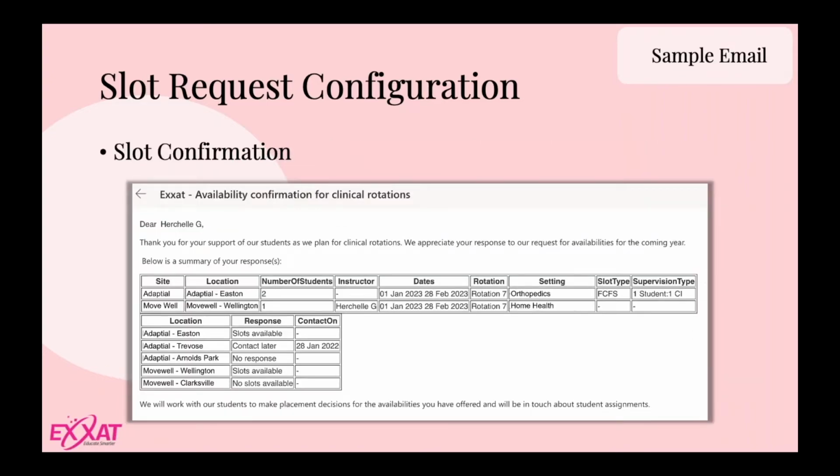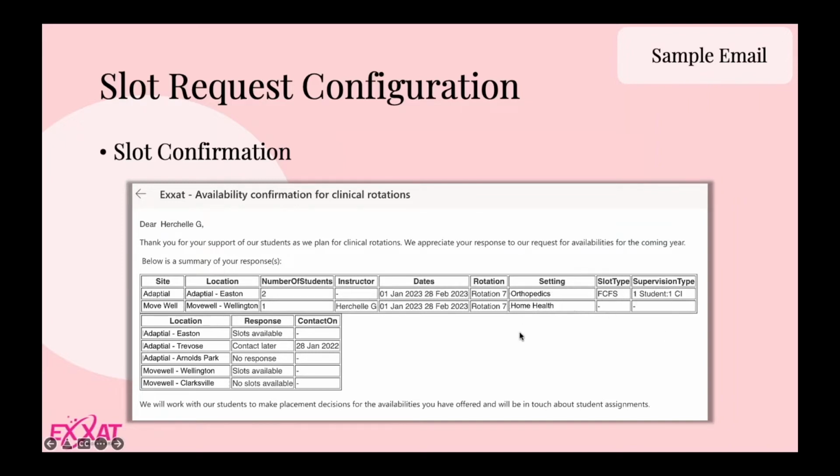This is an example of the email we're talking about with regards to the automatic email that they receive that shows them what they offered. Basically, it's going to give them a table of their responses. Obviously here we've got slots available, contact later, no response. So it's giving them the overall response, and then it shows, if they've offered any slots, how many they've offered, what kind, and all that stuff.